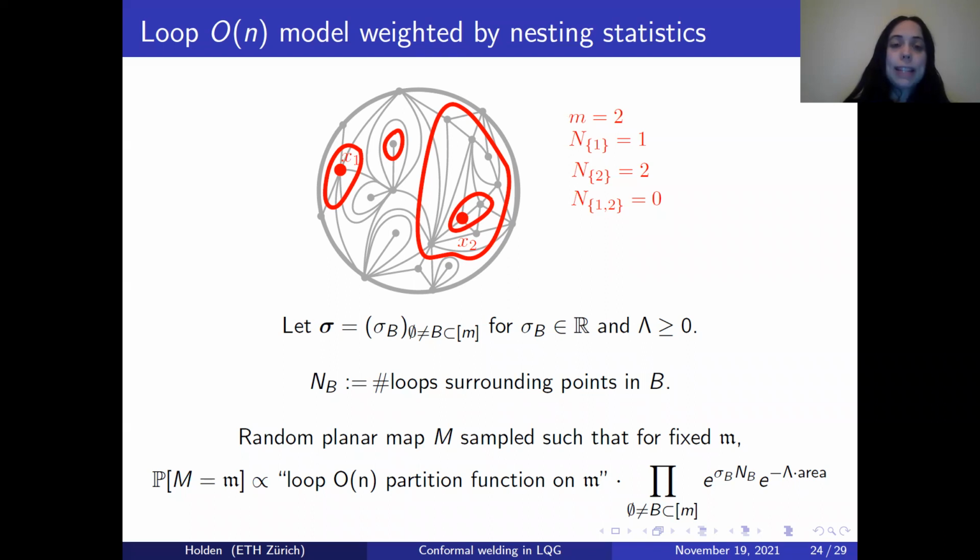Then we will favor loop configurations which have a large number of loops around the marked points. But if we sample a planar map and the collection of loops as described on this slide, then we will not only change the law of the collection of loops, we will also change the law of the planar map.